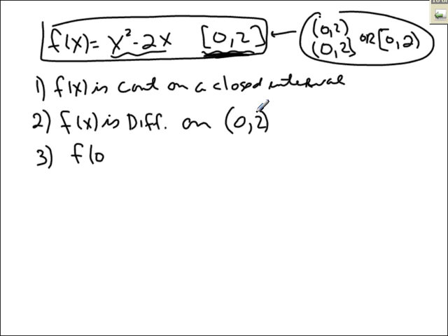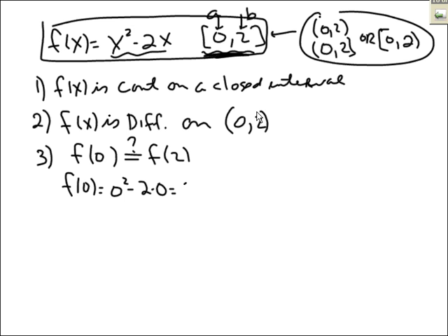Now, condition number 3. f of the left endpoint must equal f of the right endpoint. The left endpoint is a and the right endpoint is b. f of a must equal f of b. Well, f of 0 is 0 squared minus 2 times 0, which is 0.